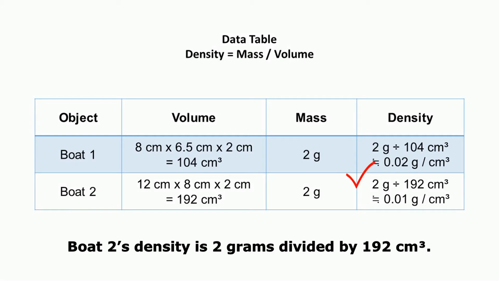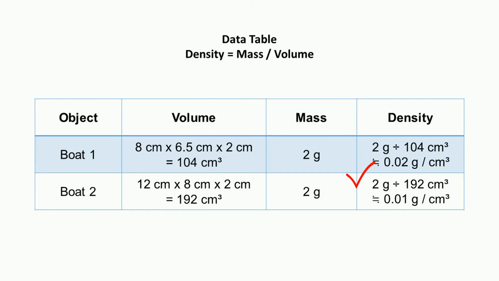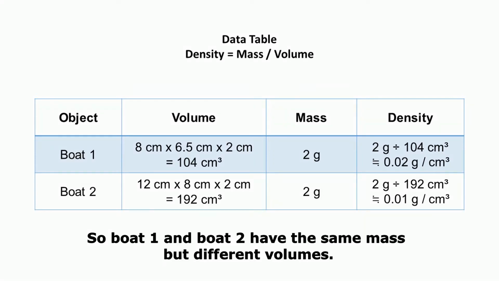Boat 2's density is 2 grams divided by 192 cubic centimeters. That equals 0.01 grams per cubic centimeter. So both boat 1 and boat 2 have the same mass but different volumes.